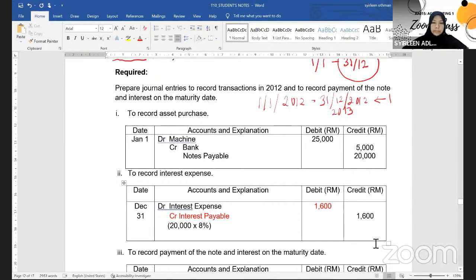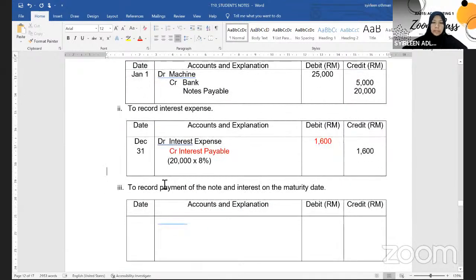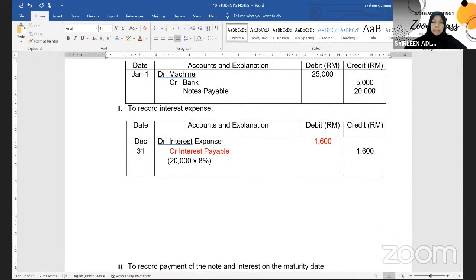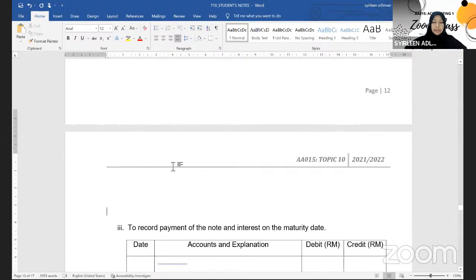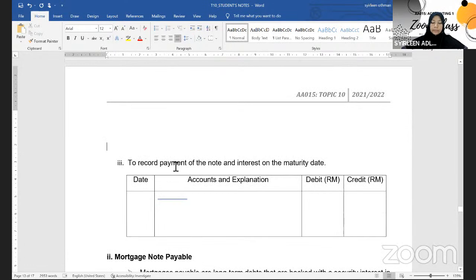Okay, alright, so now we are going to record our payment on our maturity date. So when is actually your maturity date? Yang ni sebenarnya kena kira. Tapi sebab kita buat tahun, that means it is actually easier for you to record.